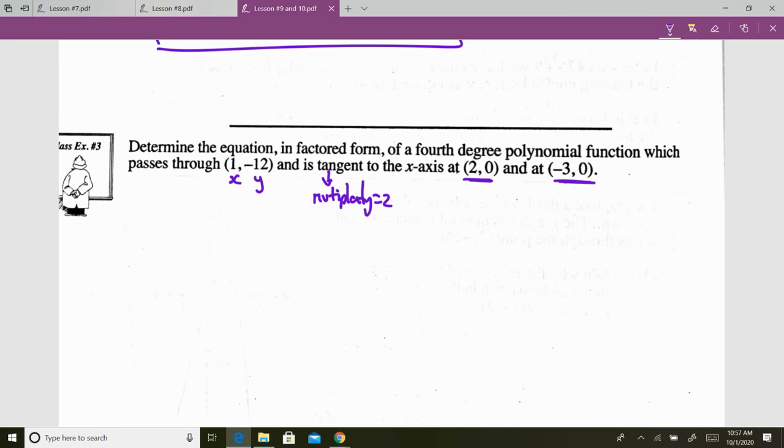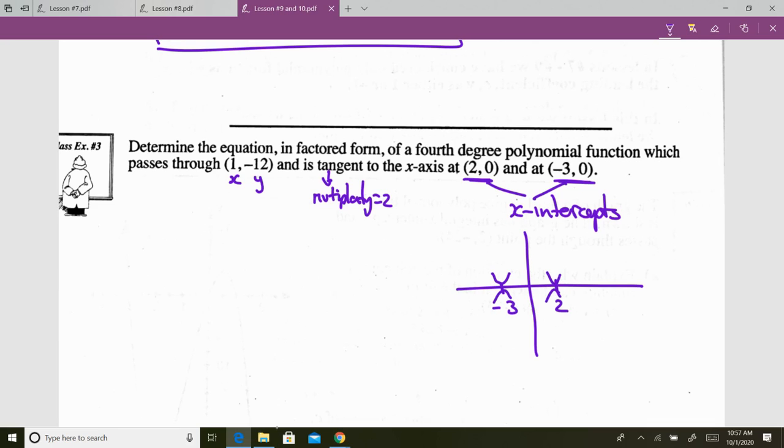What do those numbers represent? X-intercepts, yes, because y is 0. If you want a visual of this, you have x-intercepts at negative 3 and 2. And it's either bouncing up or it's bouncing down.